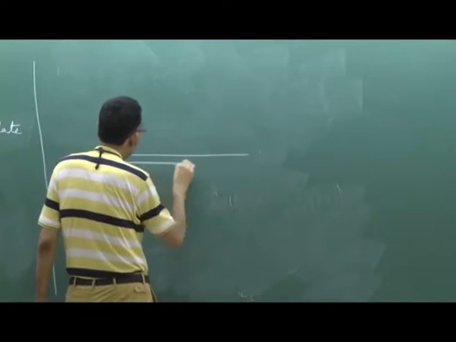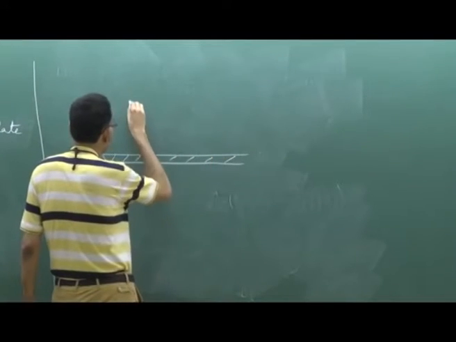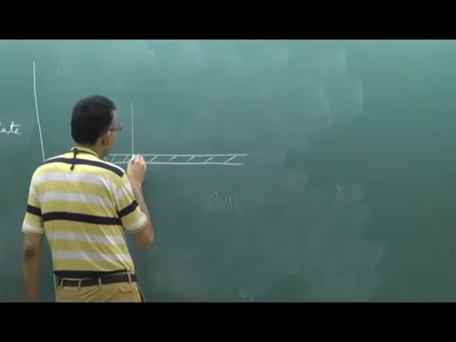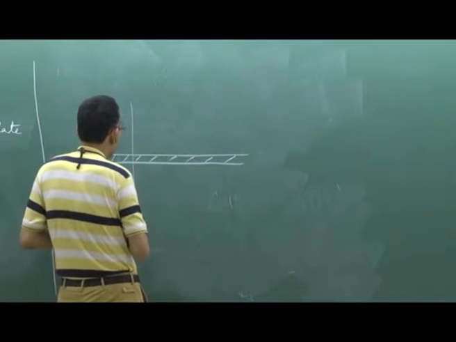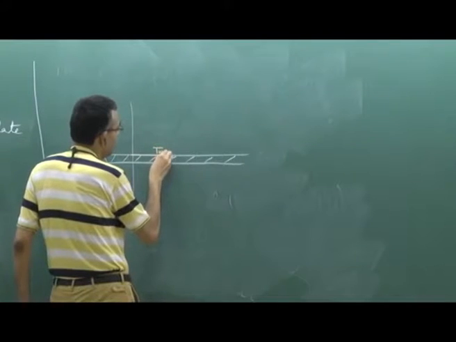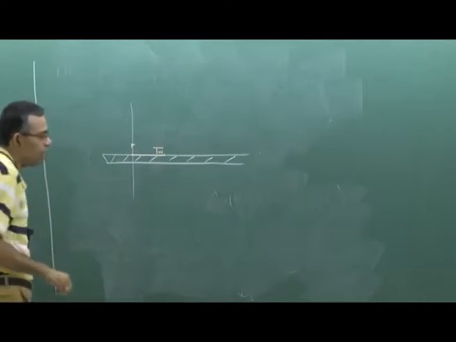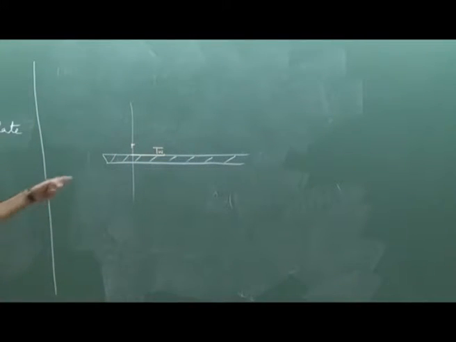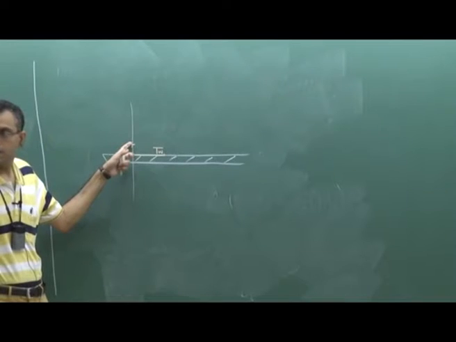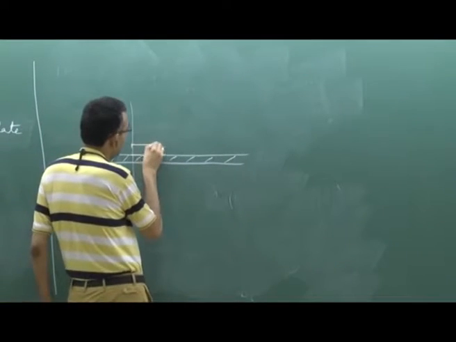So, let us draw the plate. Consider a section. Here temperature is T wall, right. If you go further away from the wall, a little bit away, the temperature is less than T wall. So, something like this.